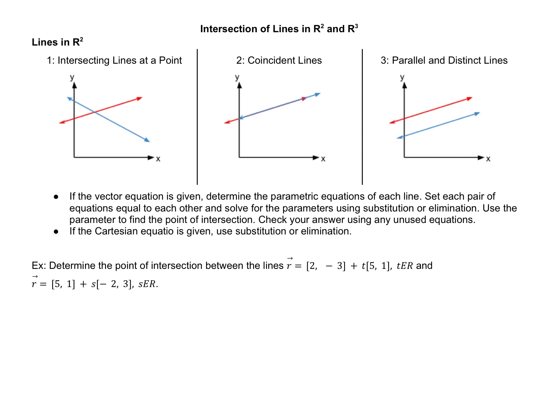And another thing, we should always check to see if our lines are parallel before we do any calculation, because if we see they're parallel, then we can just test and see if they're coincident or distinct and get our answer right away instead of setting those parametric equations equal to each other.